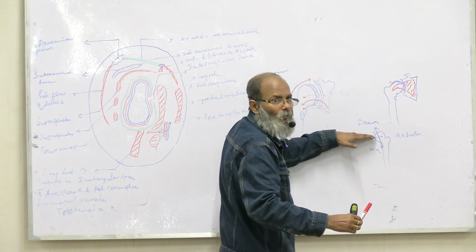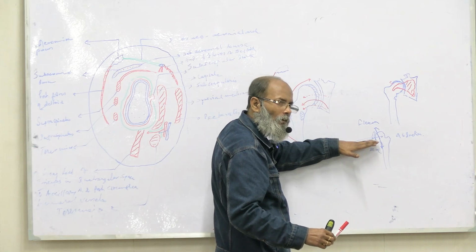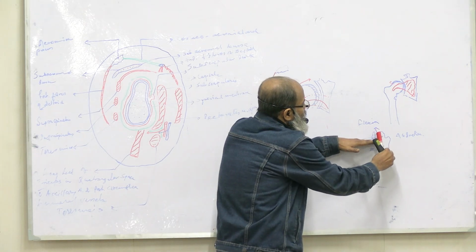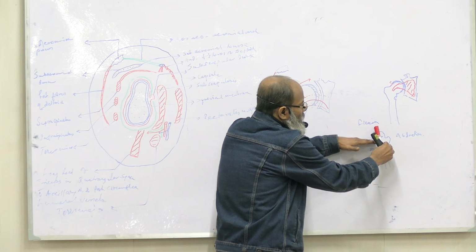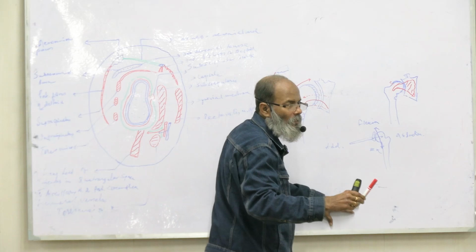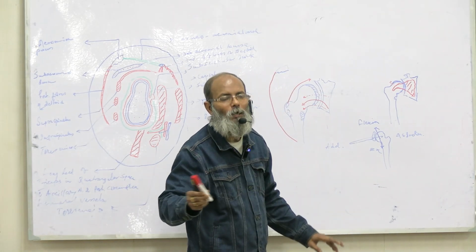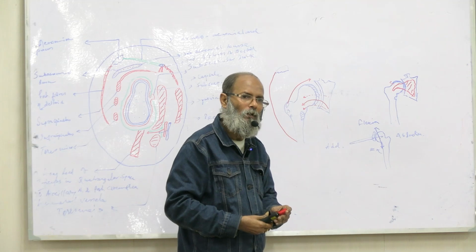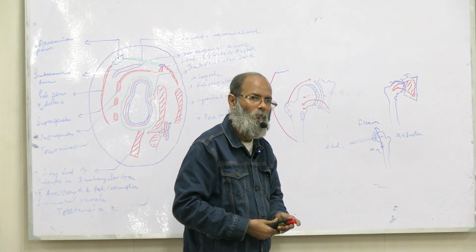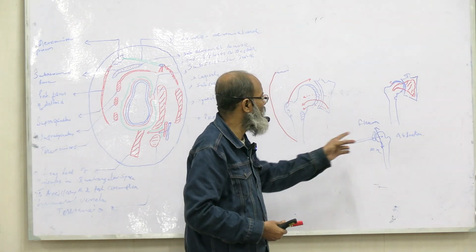So flexion and extension occur in a plane which is perpendicular to the surface of the body of the scapula. Right? Now, adduction and abduction.